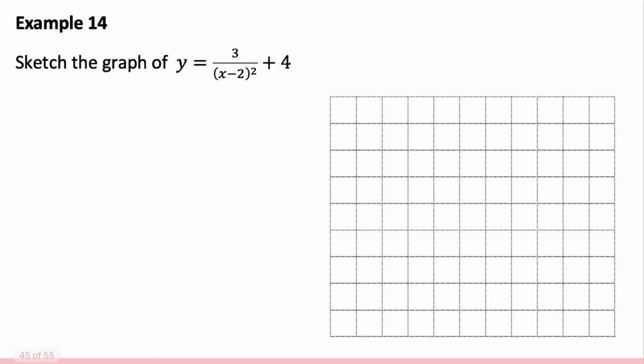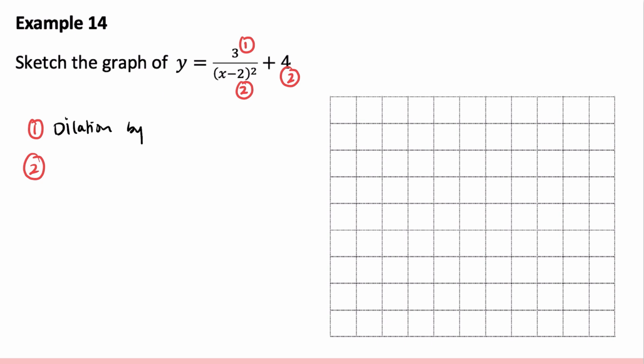Okay, last one. So example 14, sketch the graph of y equals 3 on x minus 2, plus 4. So again, D, R, T: dilation, no reflections, translation.